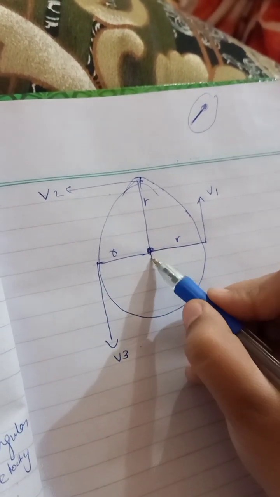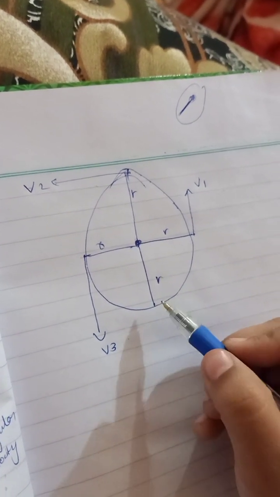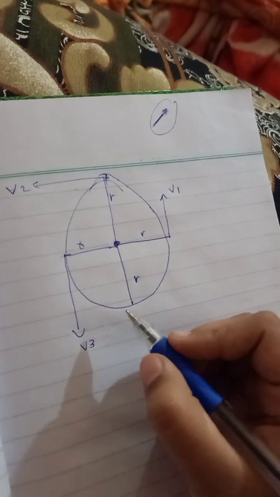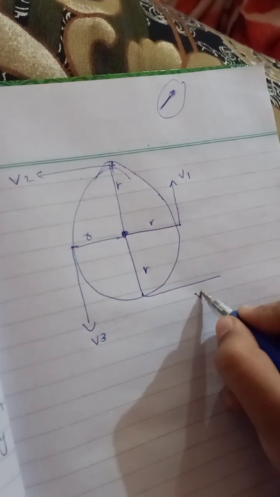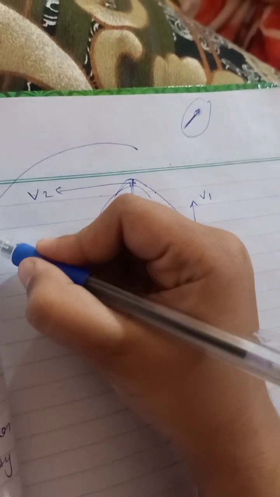Okay, as well as if the stone is here, the centripetal force ends and the stone will move with the linear velocity v4. Okay, so this is the direction.